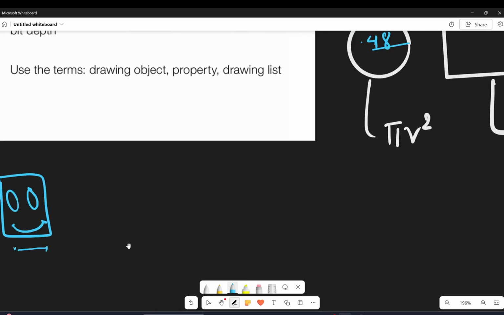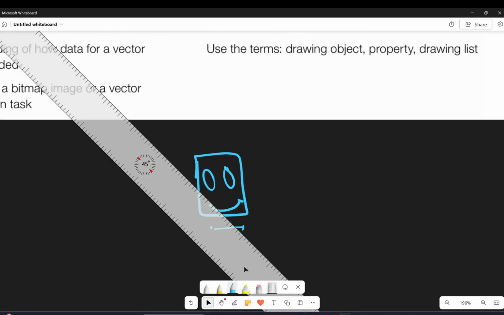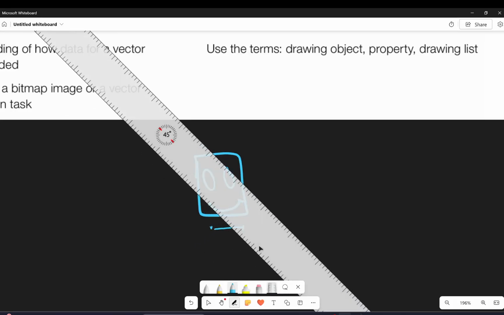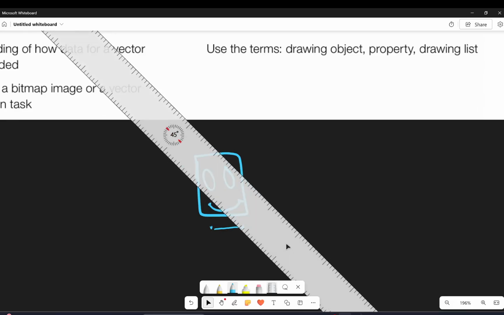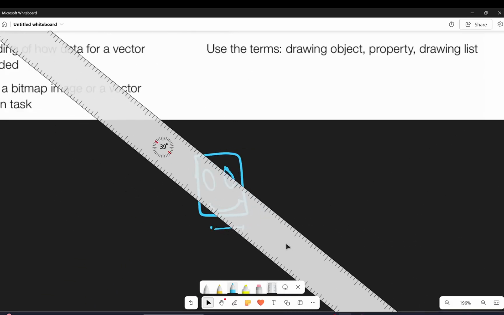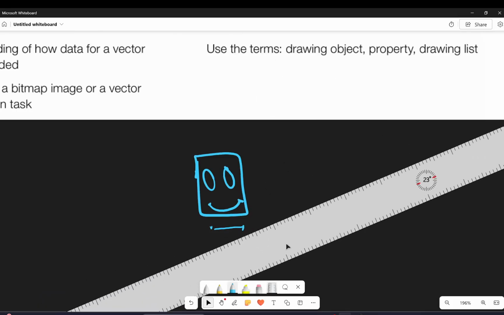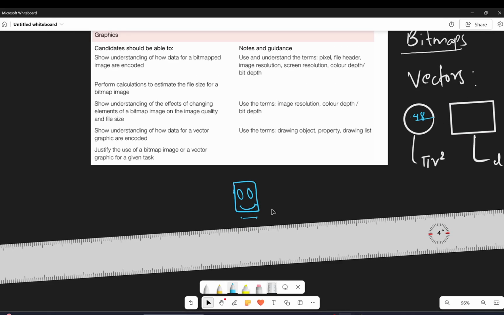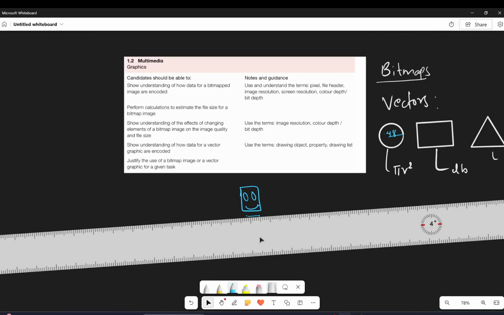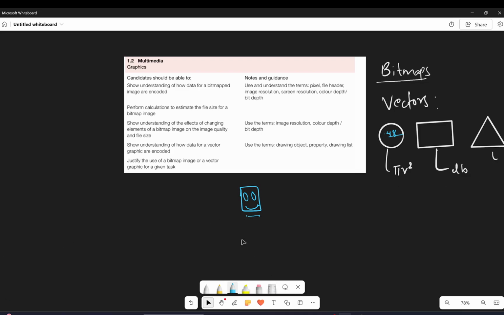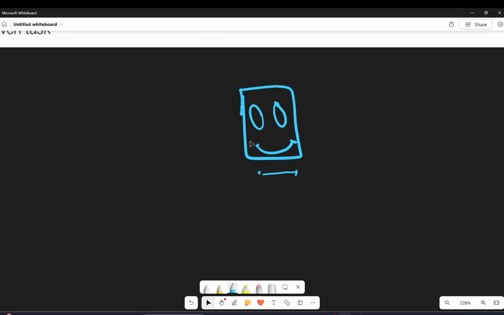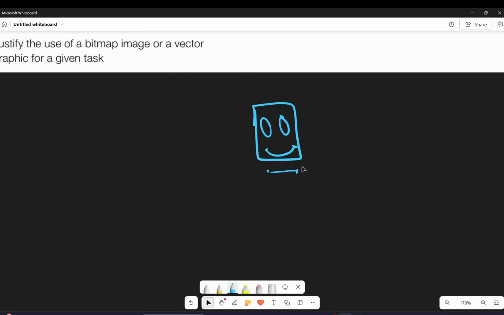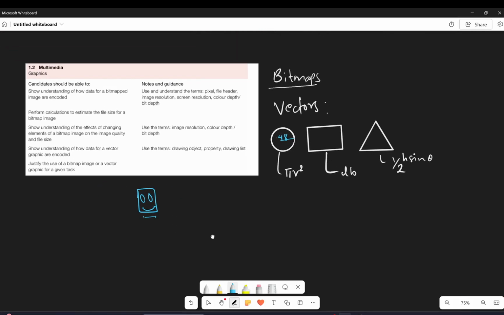But when I zoom in, the length has decreased. Of course this uses absolute referencing, but when we are talking in terms of pixels, it definitely does change the length between the points from one face to another. So these are called the properties of vector graphics.